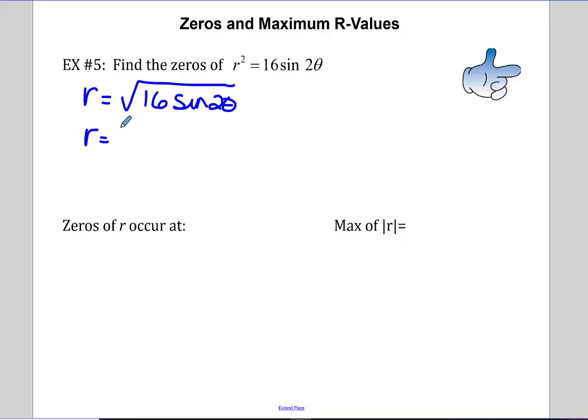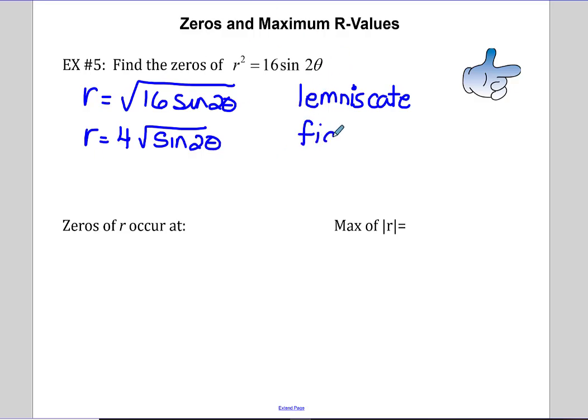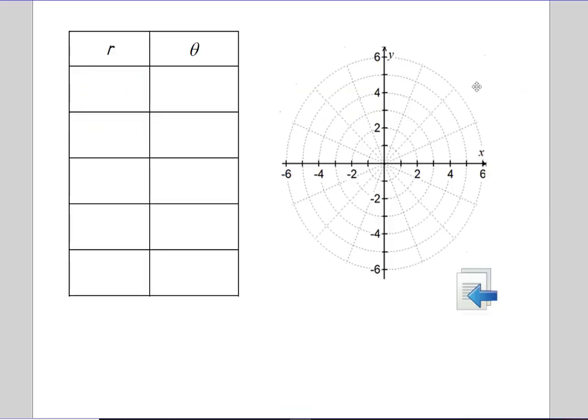And we can take the square root of 16, that's 4, and 4 sine 2 theta. And this figure is going to be called a lemniscate, and it's going to look like a figure 8.